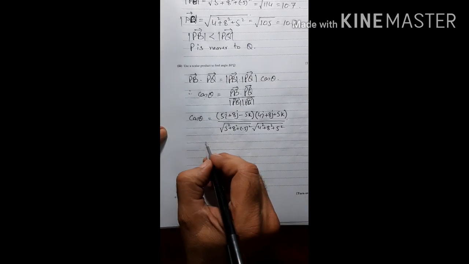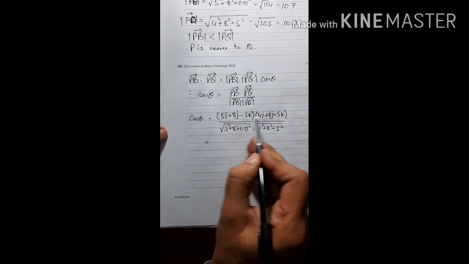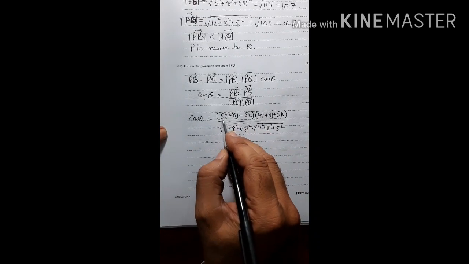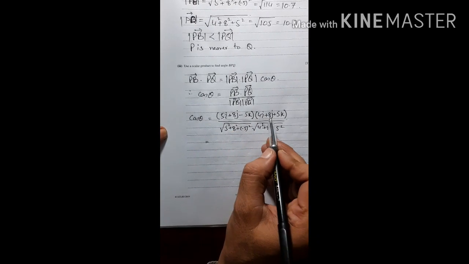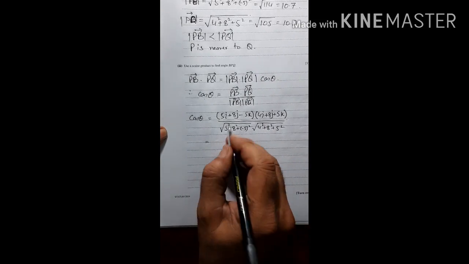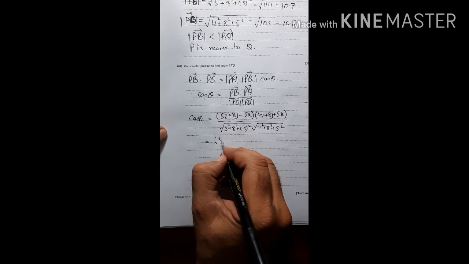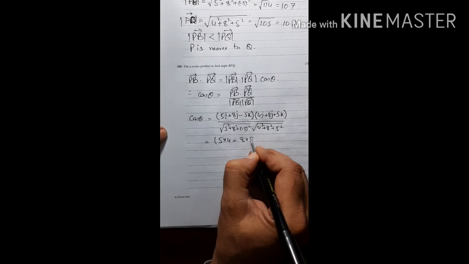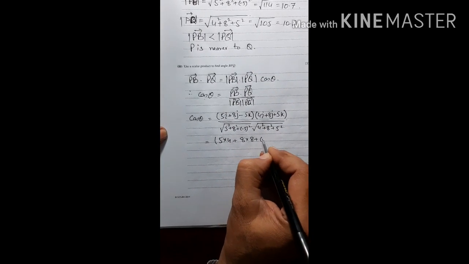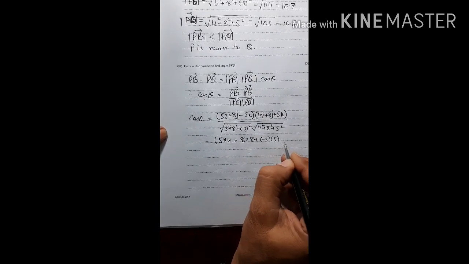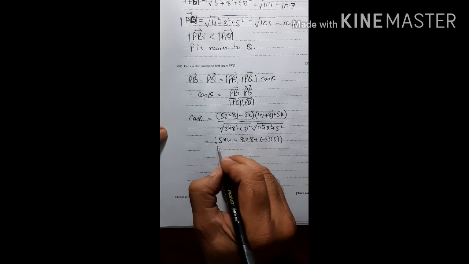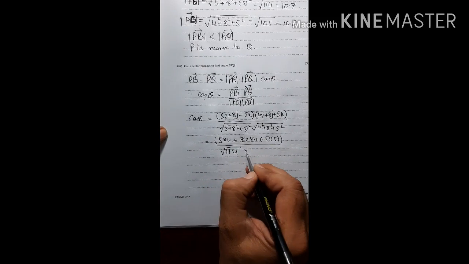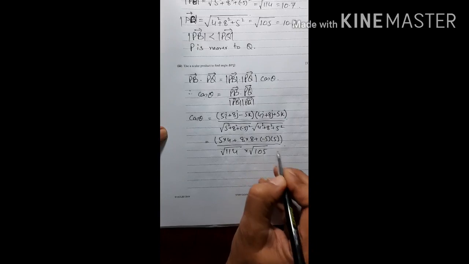So it will become, the product of two vectors is the coefficients of i multiplied with each other, then the coefficients of j, then the coefficients of k. So it will be 5 into 4 plus 8 into 8 plus minus 5 into 5, over the square root of 114 into the square root of 105.